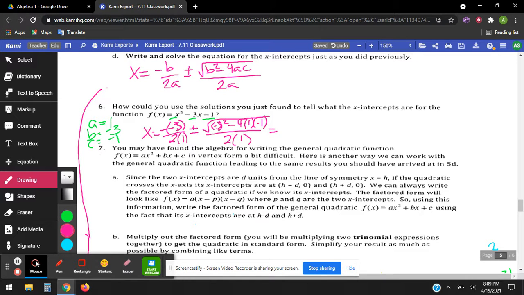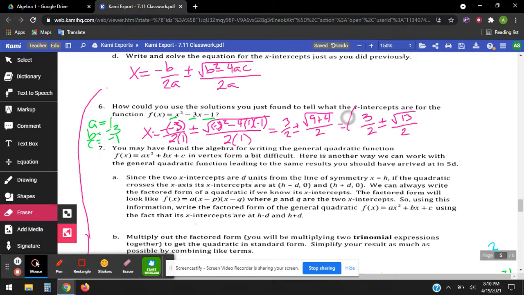So when I simplify this, I have negative negative is 3 halves plus or minus the square root of 9 minus 4 times 1 times negative 1, which is a negative 4, so it's actually plus 4, over 2. And so we're going to find the exact answers to this. We're going to say our final answer is 3 over 2 plus or minus the square root of 13 divided by 2.